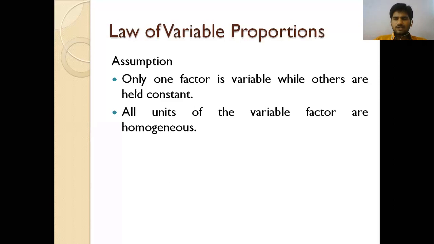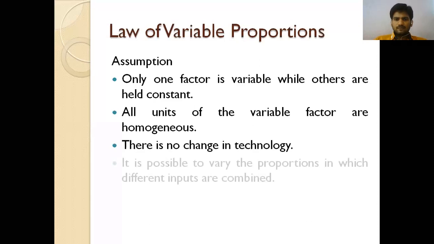We are not going to look at the count; we are going to look at the type of inputs. The type of units is homogeneous. There is no change in technology.